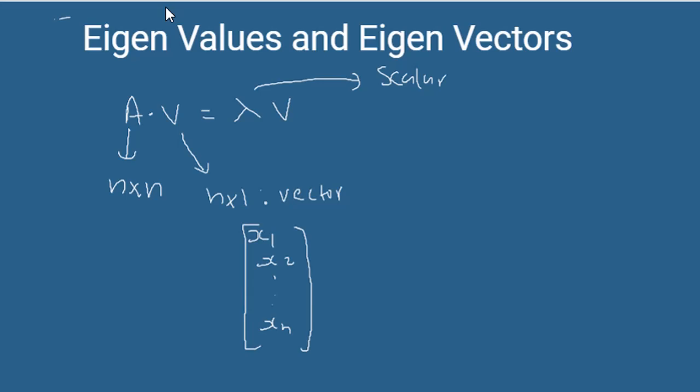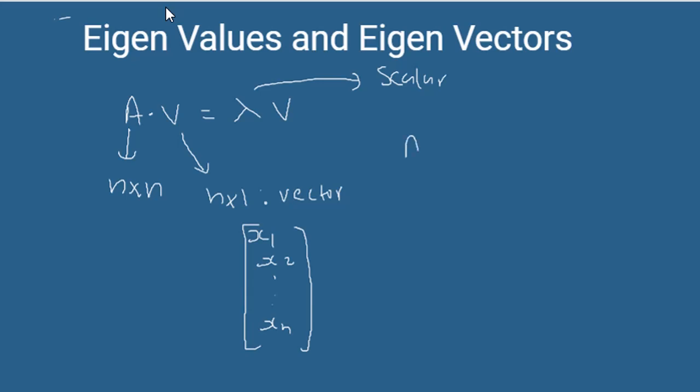So any value of λ for which this equation has a solution is the eigenvalue of the matrix A, and this vector V is said to be the eigenvector.